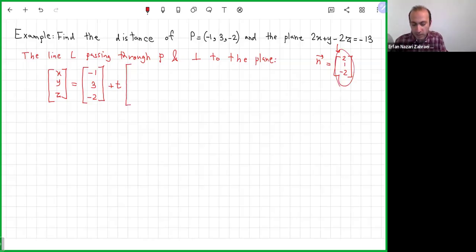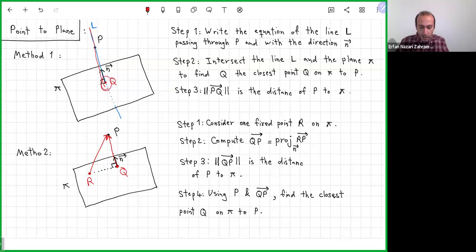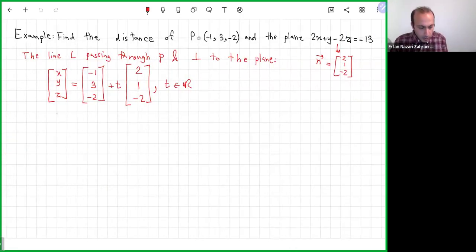The direction of the line is the same as the normal vector of the plane, which is (2, 1, negative 2). And t is a general real number, a parameter. This is the equation of the line. Then I need to intersect this line with the plane to find the closest point Q. So, the intersection of L and the plane.